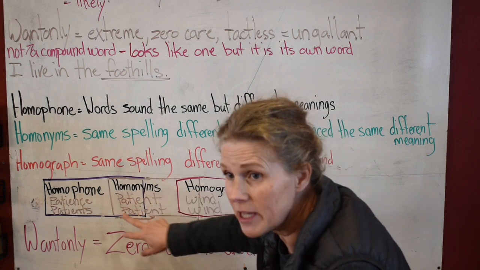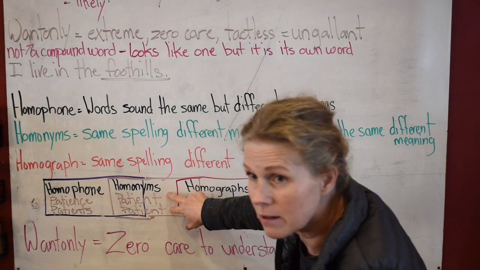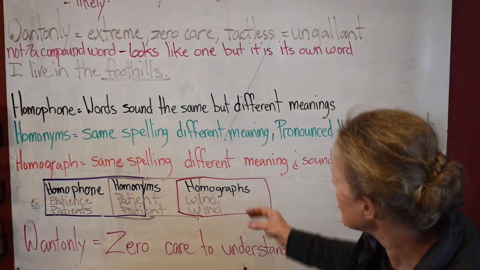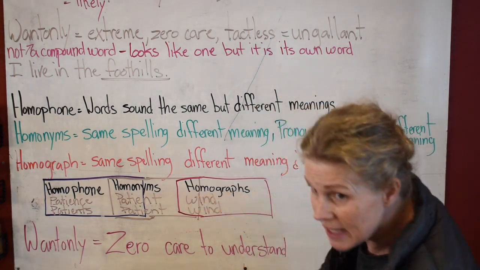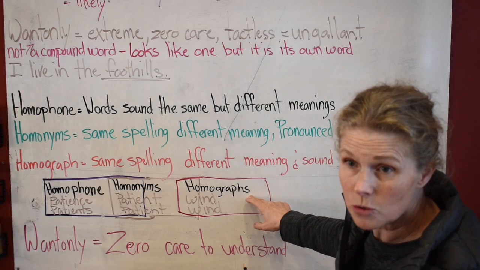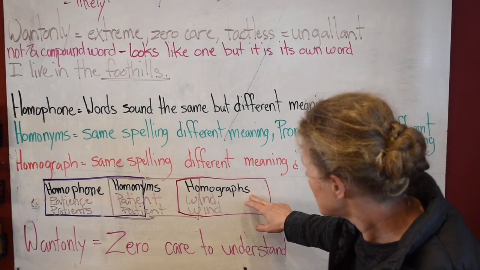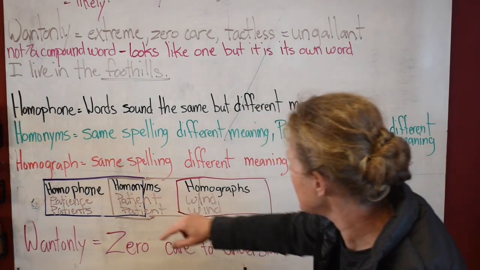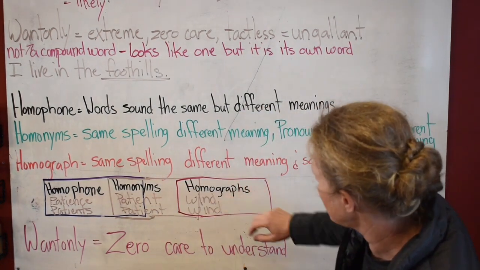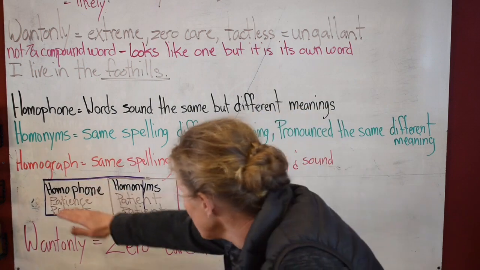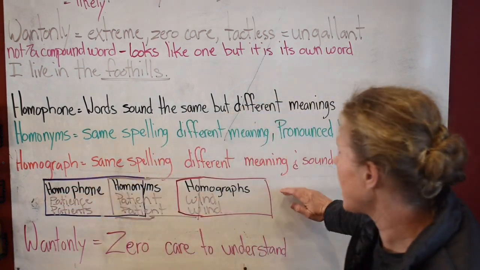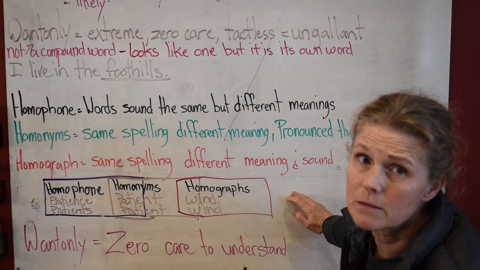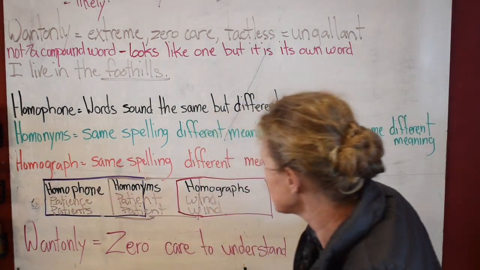Look, they look exactly the same right here, but they have different meanings. But look, homograph, homo means same, graph means what? To write or record. So see how it can fit in your homonyms, but it could also fit in your homographs. I want you to really understand, this can be so confusing. So I want you to really understand.